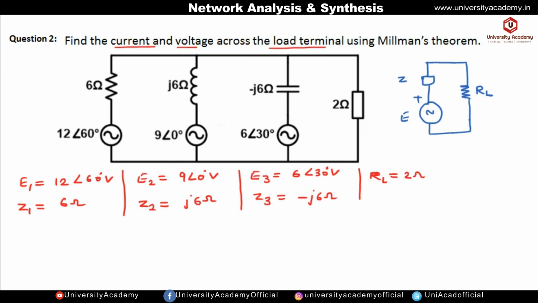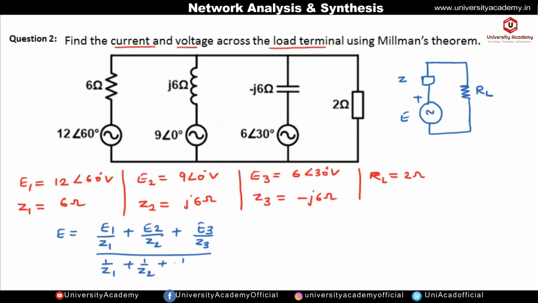So now let us find the value of E, which is given by (E1 by Z1 plus E2 by Z2 plus E3 by Z3) divided by (1 by Z1 plus 1 by Z2 plus 1 by Z3).